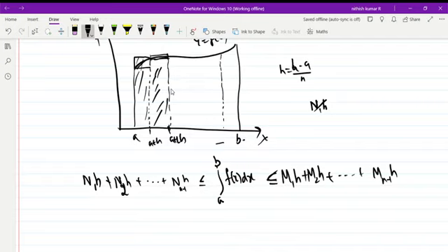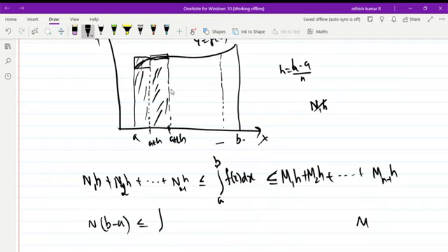Say n is the smallest value taken by f, and m is the largest value taken by f. Then n is less than or equal to each m_i, so if I replace each by n, the sum is greater than or equal to n into h plus n into h plus n into h, which gives n into (b minus a).